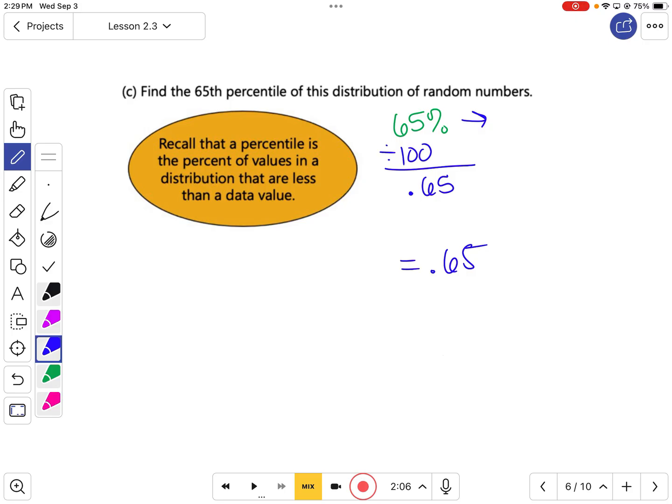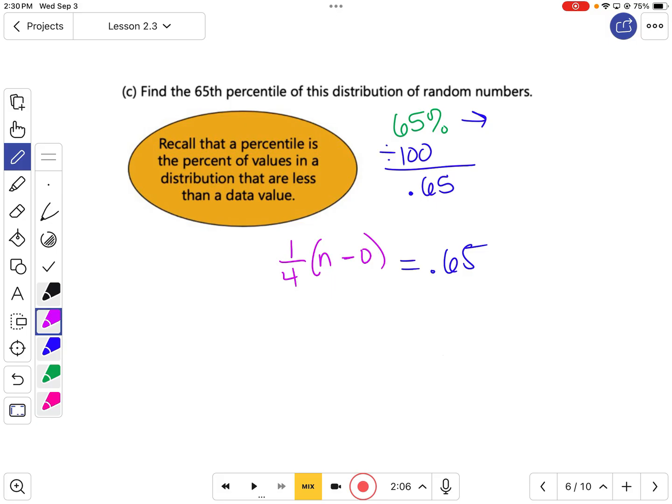We know to get that proportion, we took our height, and then we took some number and subtracted it from the start. Where did that distribution start? Did it start at 0? 0 to 4. So we're going to take this number that I'm looking for minus 0.